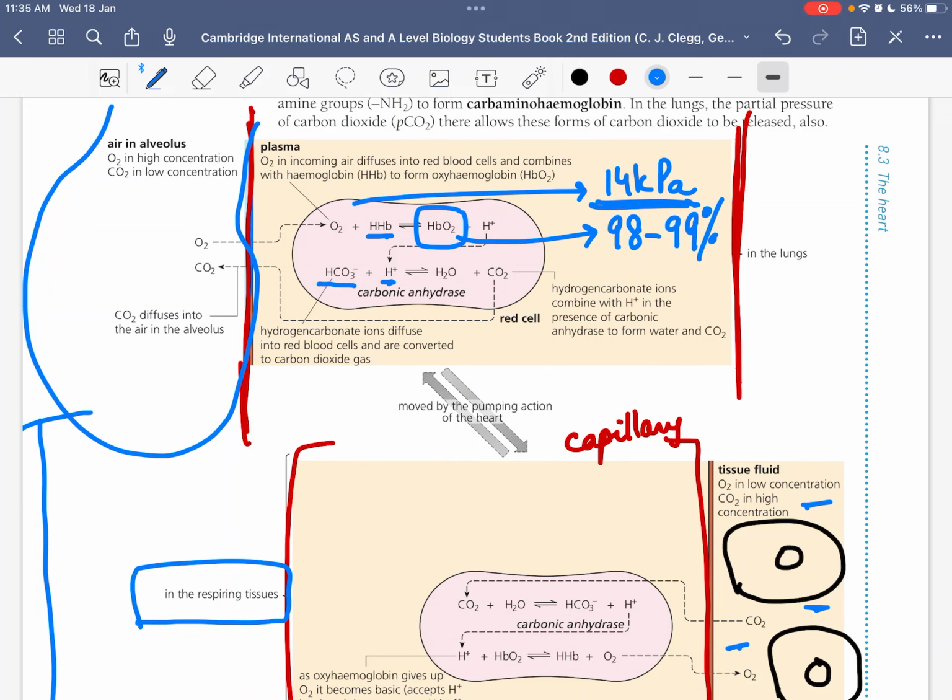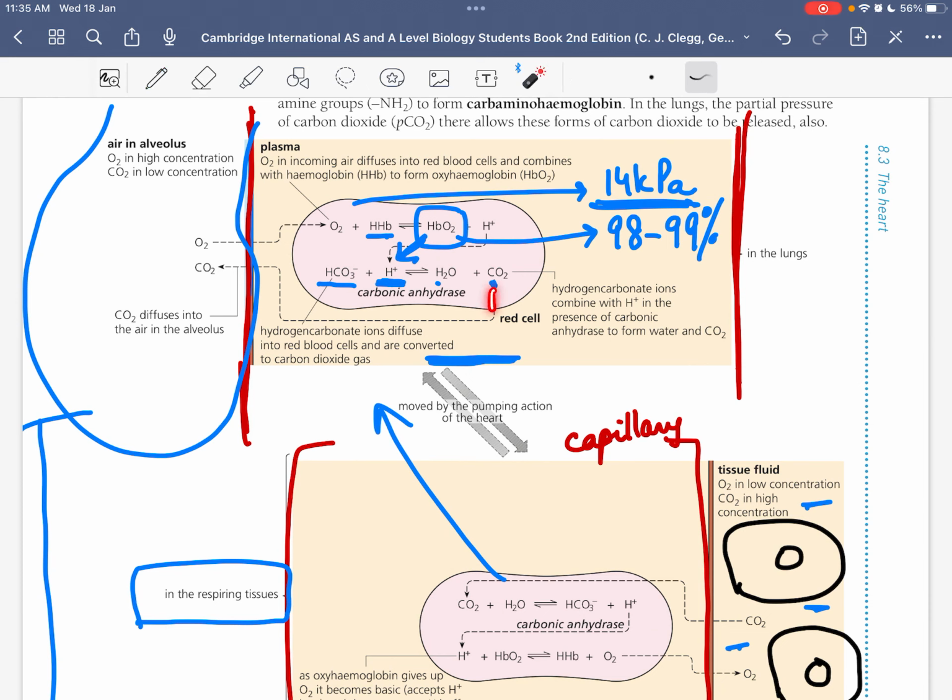Hydrogen carbonate ions diffuse into the red blood cells and are converted to carbon dioxide gas. We all know that the blood plasma had lots of bicarbonate ions, which were coming from below, right? So all those hydrogen carbonate ions can diffuse into the red blood cell. They will combine with the H plus ions that have just been released, and then form water and carbon dioxide.